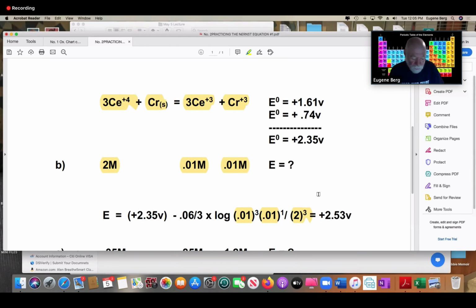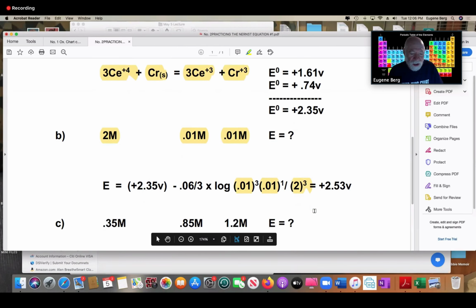I'll hit my log button. I'm now getting negative 8.9, and that's going to be added to the positive 2.35. I get a ridiculous answer, so I did something wrong, but anyway, the answer would be positive 2.53. So the voltage did go up a little bit.